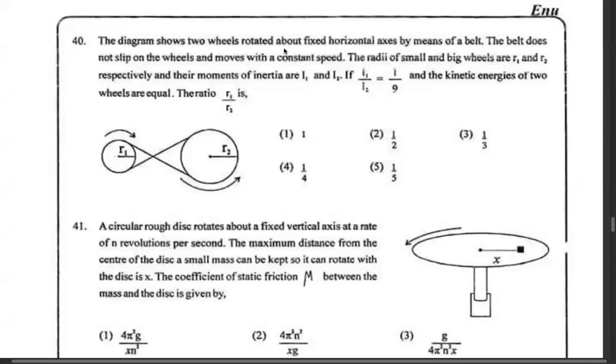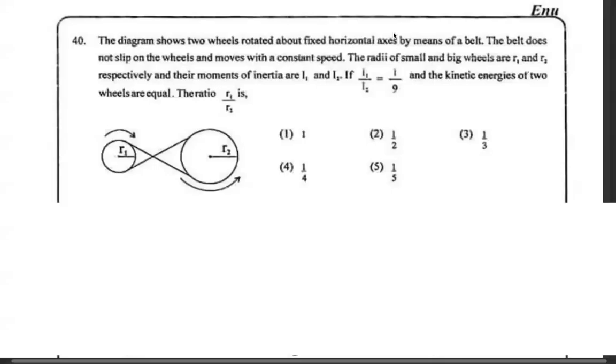So I think question number 40. Right. So what is question number 40? The diagram shows two wheels rotated about a fixed horizontal axis by means of a belt. Whenever you have a belt like this or a chain like this, you should know the tangential speeds will be equal.